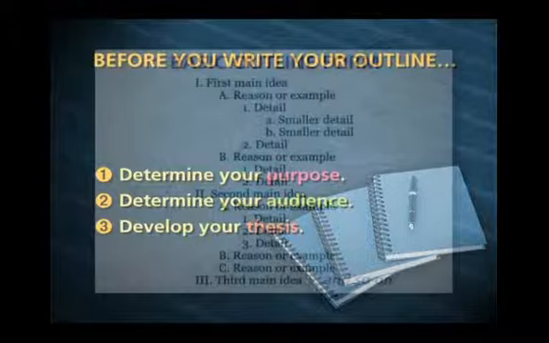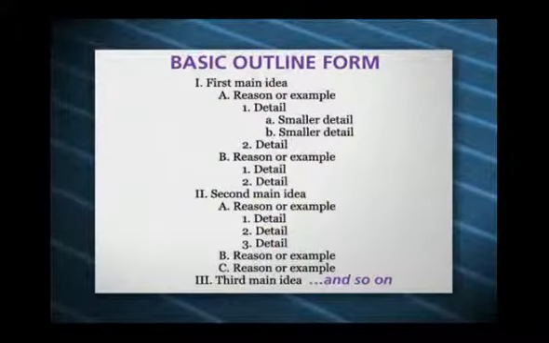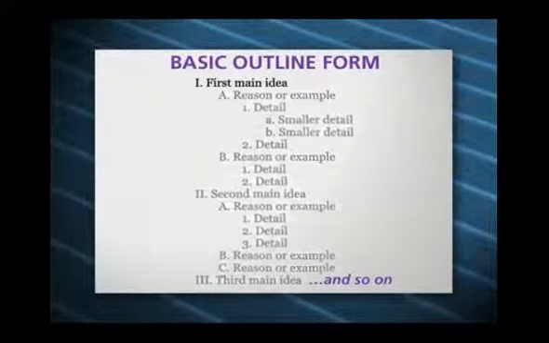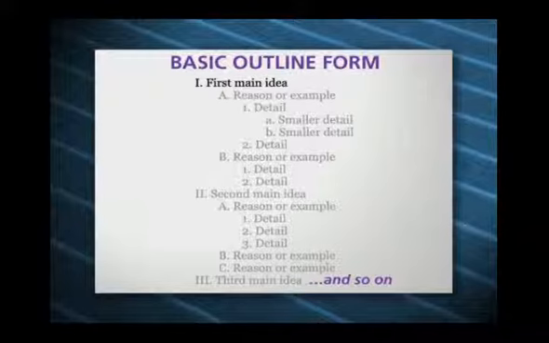This is a basic outline form. Notice you start out with a Roman numeral. That's the capital I or the capital V or the capital X on your keyboard. Follow it by a period and then write first main idea.